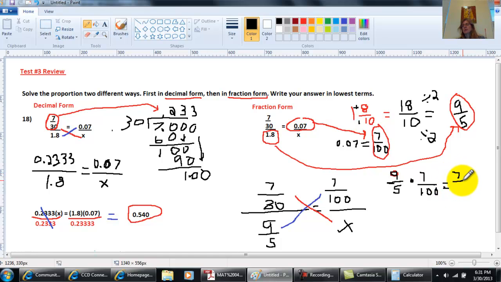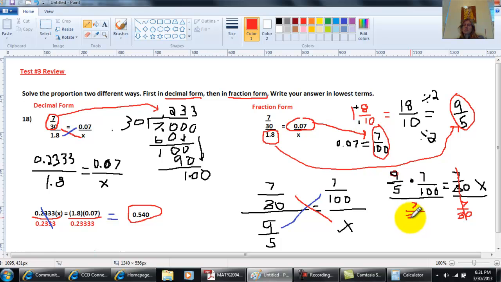We're going to divide both sides by 7/30ths, just like we did over here, to isolate the x. So what that looks like is we'll divide by 7/30ths, and that will cancel out that, and we will have 7/30ths over here.